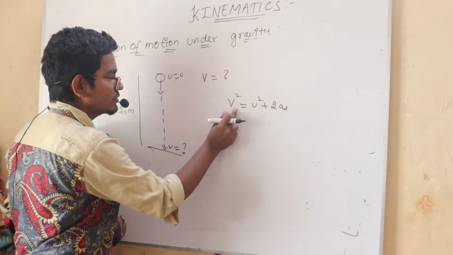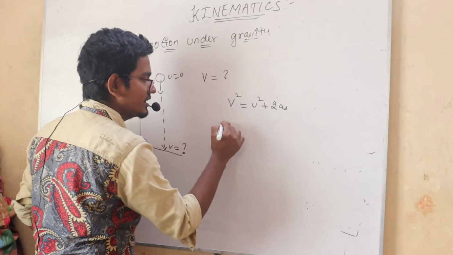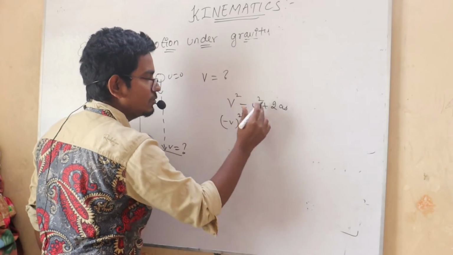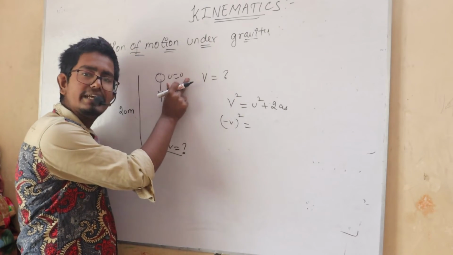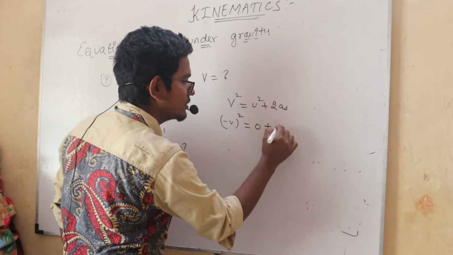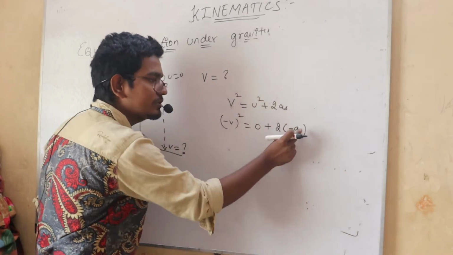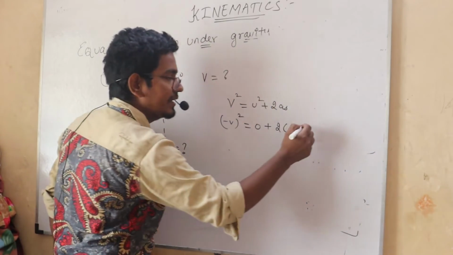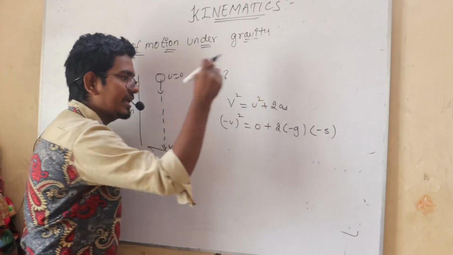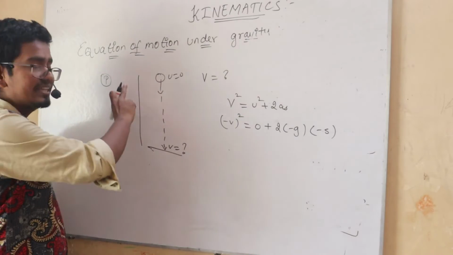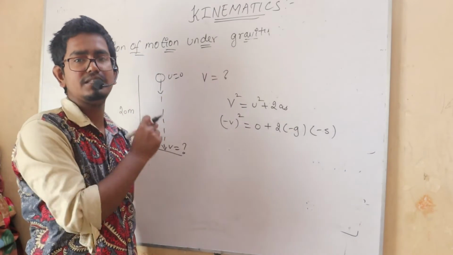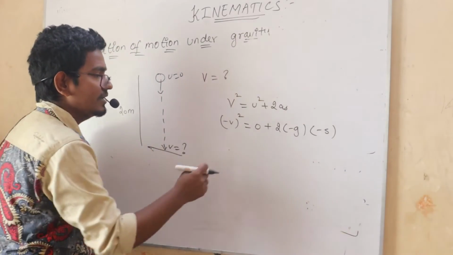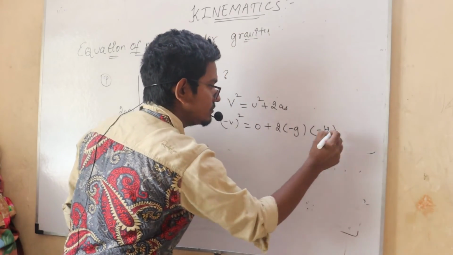So here v, it is in the downward direction, then it is minus v whole square. u square is 0 because, as it is a freely falling body, the initial velocity will be 0, plus 2 into my acceleration, which is in the downward direction, minus g, and my displacement is also in the downward direction, minus s. But here they have mentioned height. You don't have to be confused. Height and displacement are the same in this concept, right? So here I can write it as h.